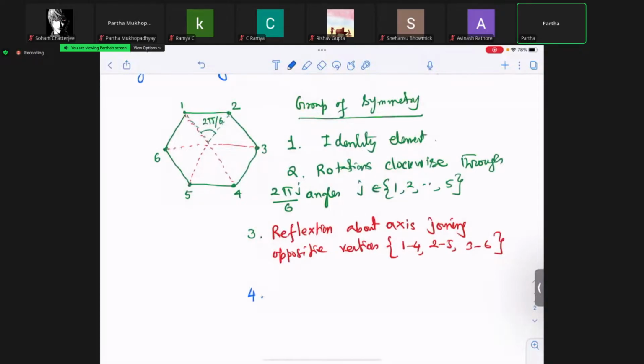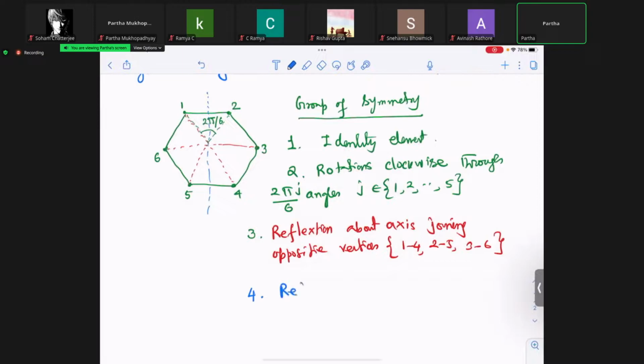What else is there? Think for a moment. There is another symmetry. If you take the midpoint and reflect along that axis joining the midpoints of opposite edges.